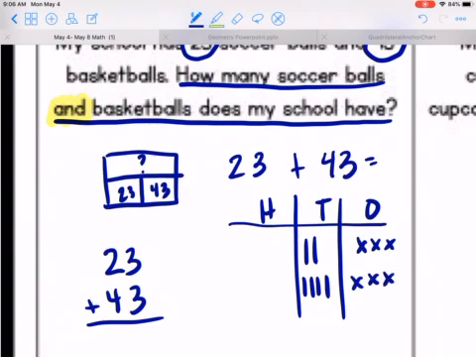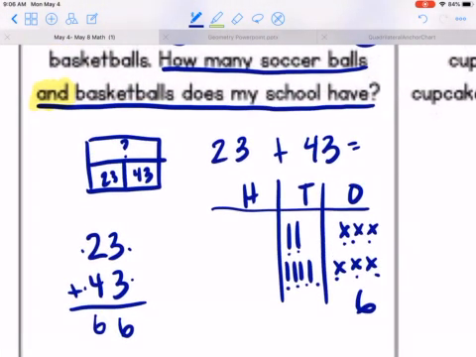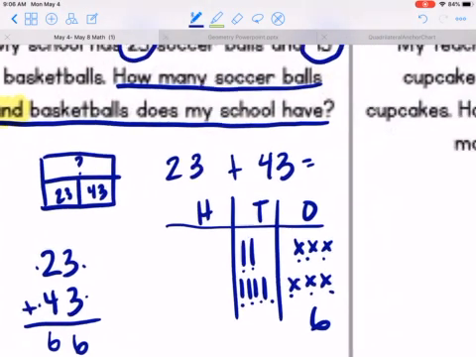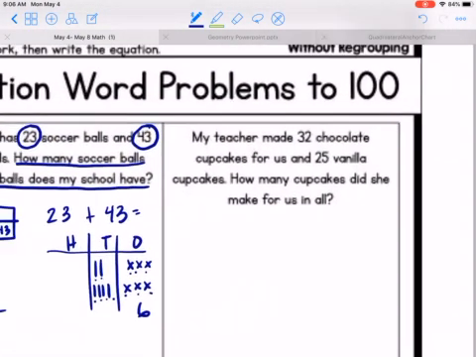Start in the ones place. 1, 2, 3, 4, 5, 6. 3 plus 3 is 6. And then in my tens place, 1, 2, 3, 4, 5, 6. And then 4 plus 2 is 6 here. So the answer is, how many soccer balls and basketballs does my school have? My school has 66 soccer balls and basketballs. So there's an example there.